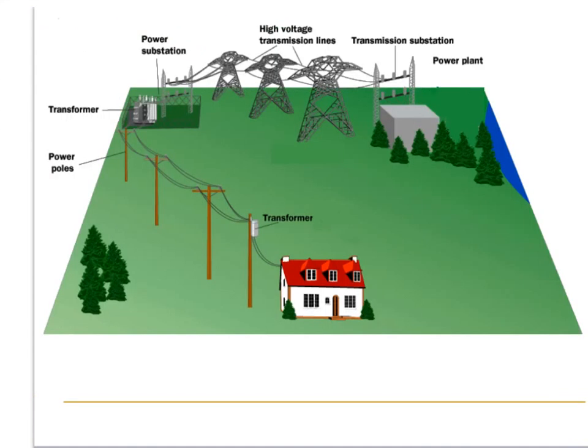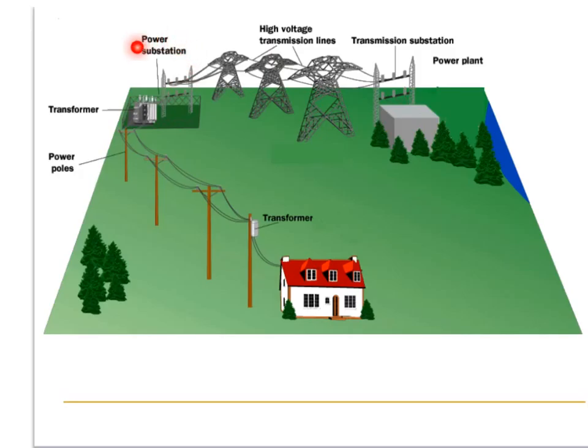Let us look into this illustration. This illustrates how electrical energy is transferred from the power plant to our house. Notice that from the power plant we have a transmission substation, and then these are connected to high voltage transmission lines.